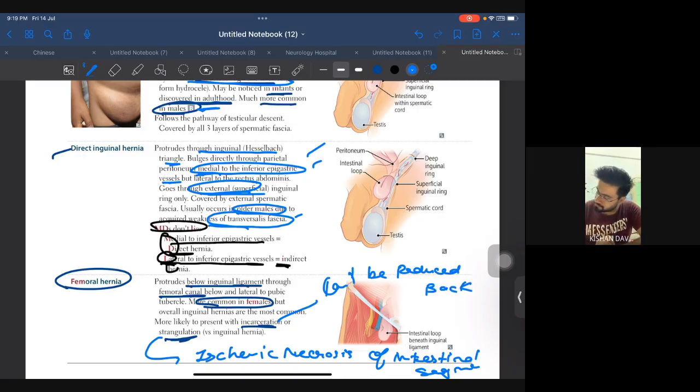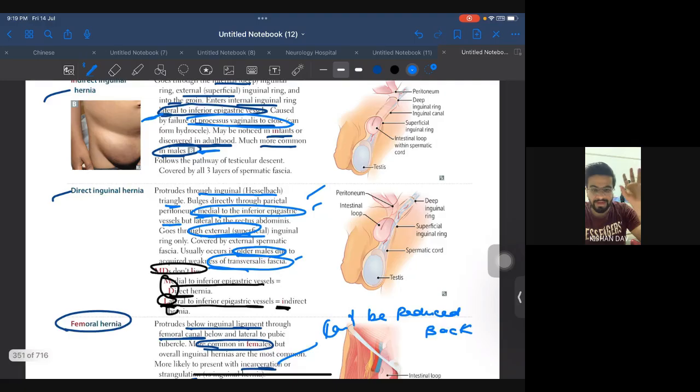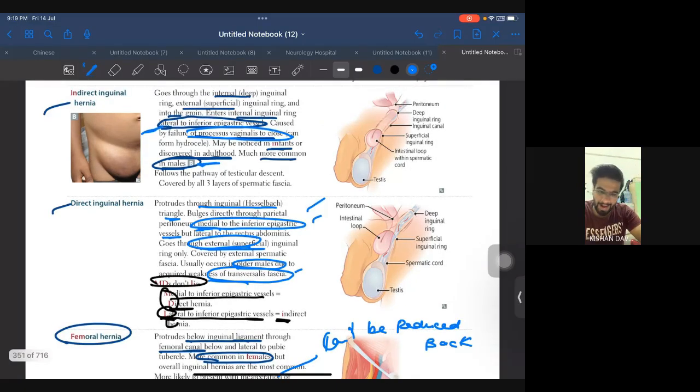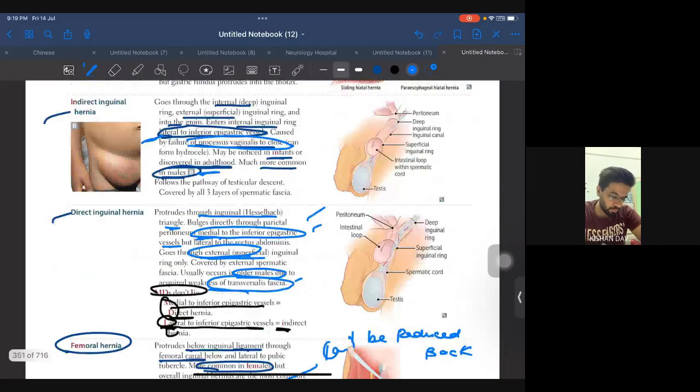So femoral, if they are talking about females, you need to know femoral hernia. If they are talking about older males, direct hernia. And if they are talking about small children or adulthood, indirect inguinal hernia. So these three types they most frequently ask.